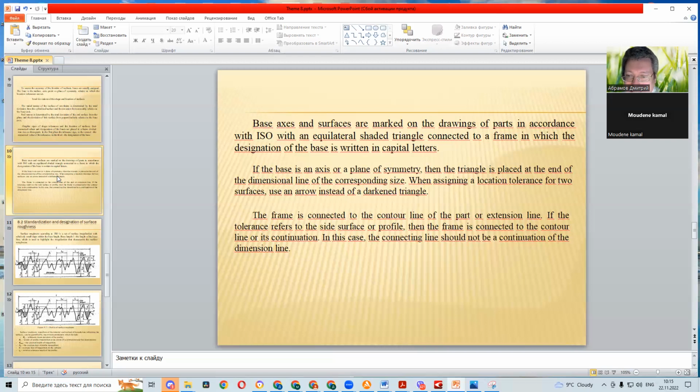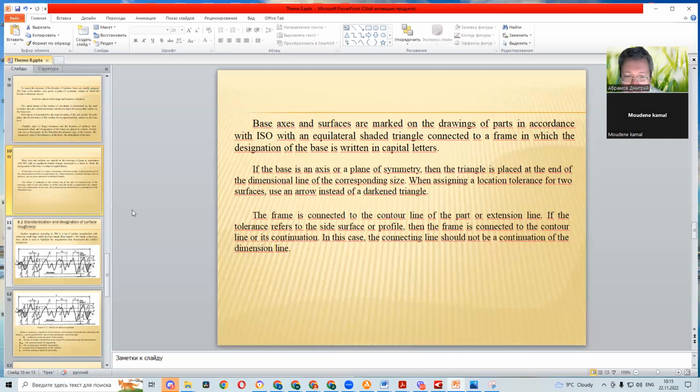When assigning a location tolerance for 2 surfaces, use an arrow instead of a darkened triangle. The frame is connected to the contour line of the part or extension line.